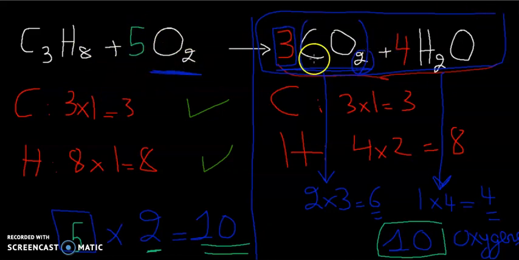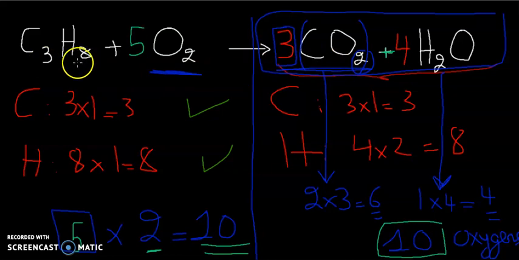Let's check oxygen on the product side. 3 multiplied by 2, 6. 4 multiplied by 1, 4. So here is 6, and here is 4. You add them because there is a plus between the two molecules. So the total is 10. Oxygen is balanced. Carbon: there's a 1 here, so 1 times 3, 3, and 3 times 1, 3.